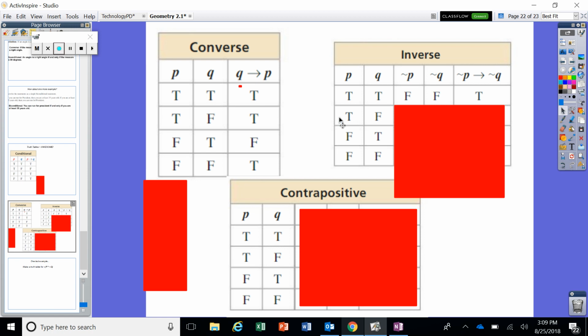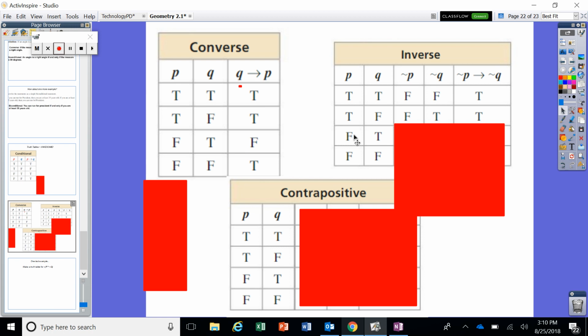Again, let's go down here. I need to know what not P is before I can do anything with my truth value statement. So not true is false. Not false is true. So now we have false implies true, which still gave us a true statement because true was second.